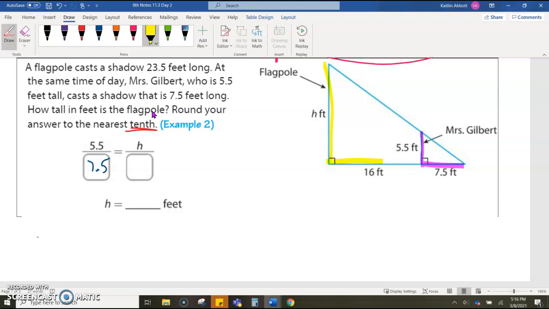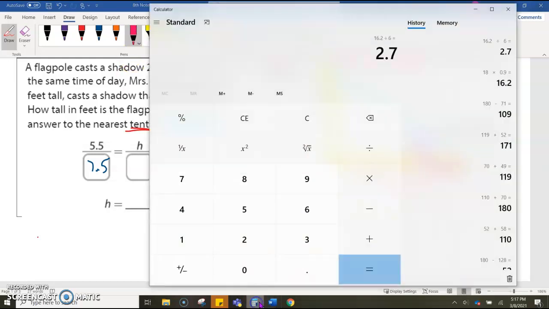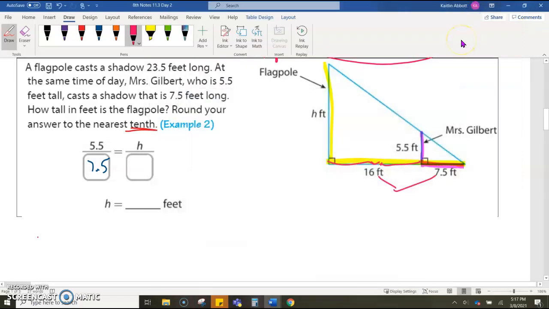Now, is the length of my small triangle 16? No, you have to add 16 plus 7.5 because 16 is only how long this part is. So 16 plus 7.5 equals 23.5.